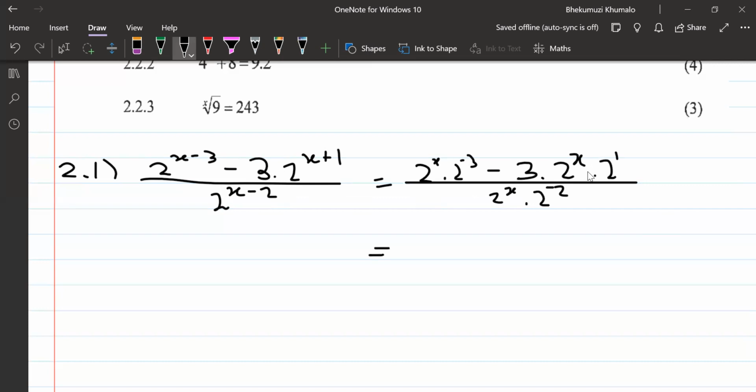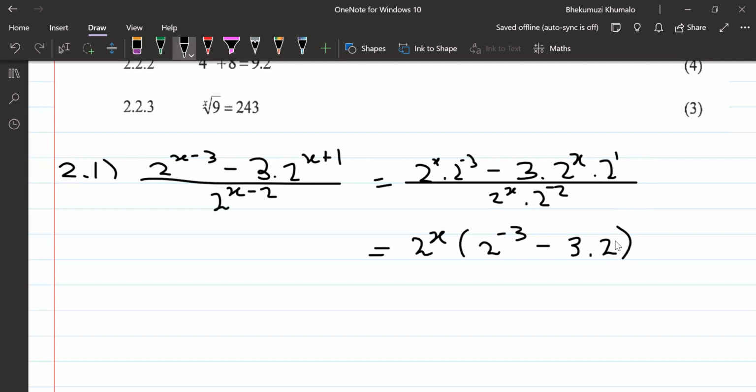So what that means is we can use common factor factorization, right? When we factorize that, we put 2 to the power x outside, and we'd be left with 2 to the power negative 3 minus 3 times 2, right? And 2 to the power 1 is just 2, because we don't usually write the 1.